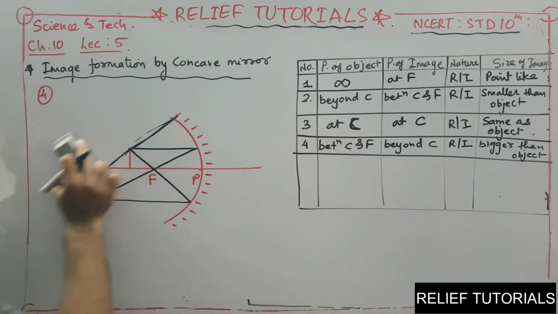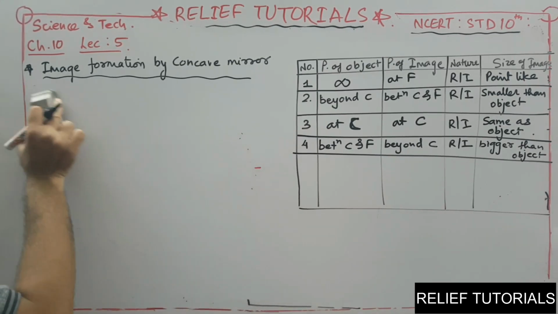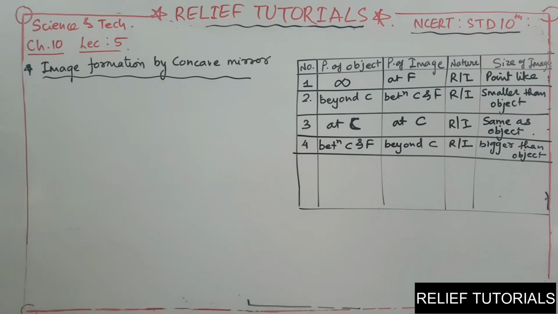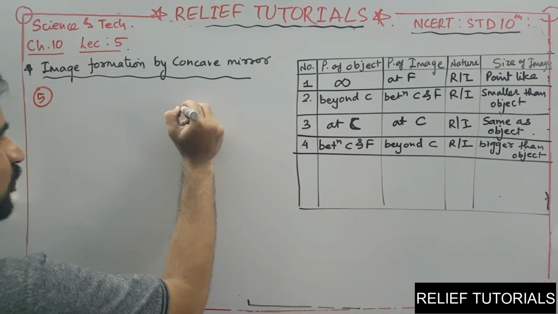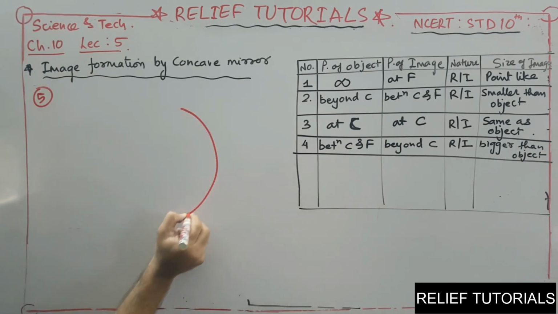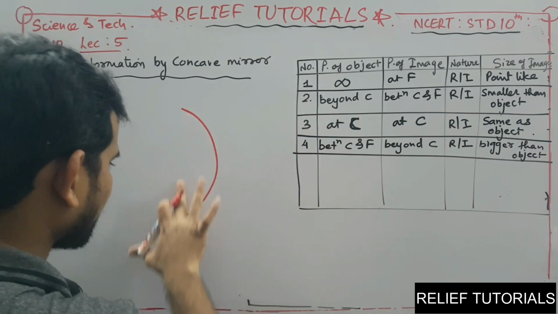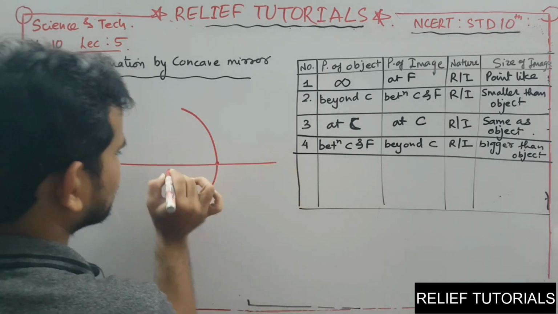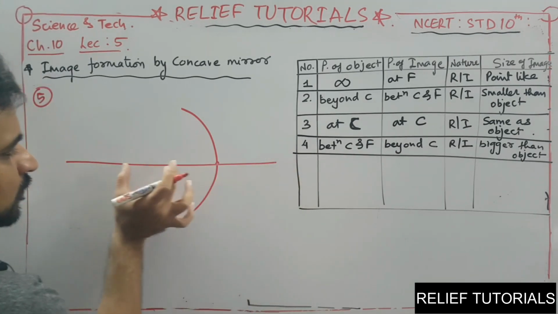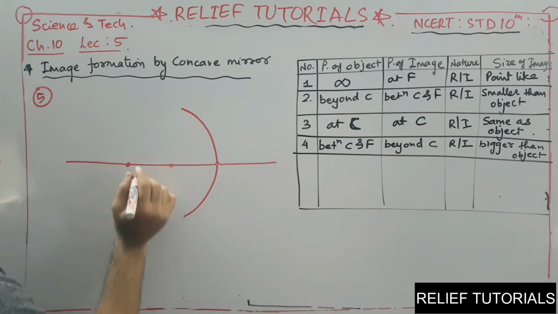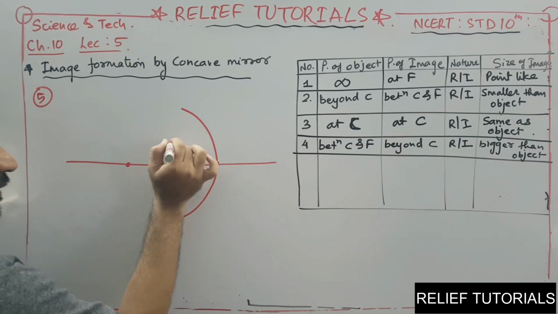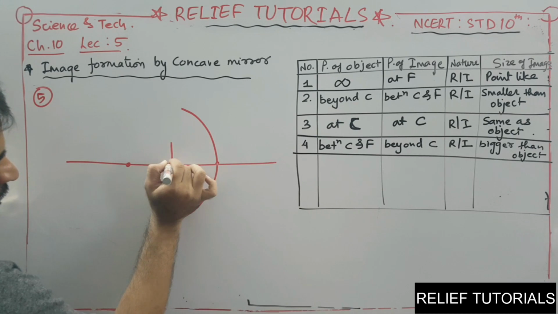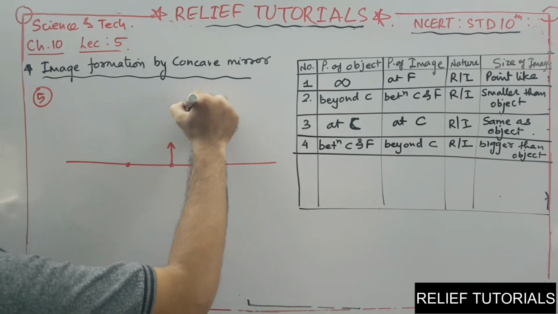But the most important thing is now the fifth case. In the fifth case, we are going to place the object exactly at F. Let us say this is the object in front of concave mirror.